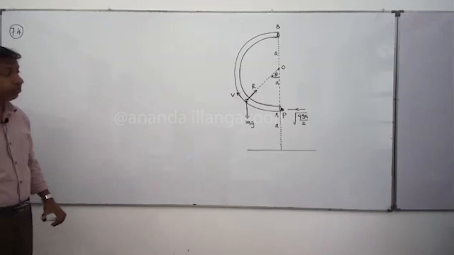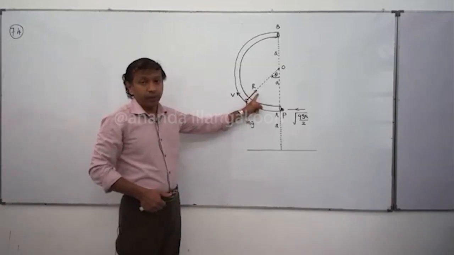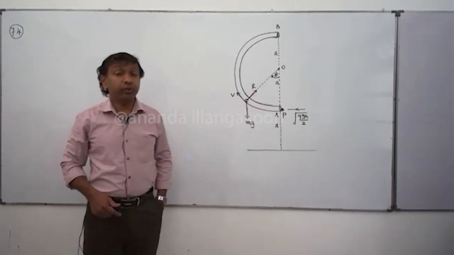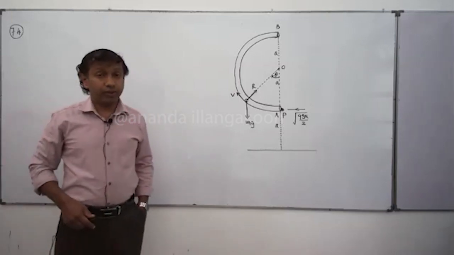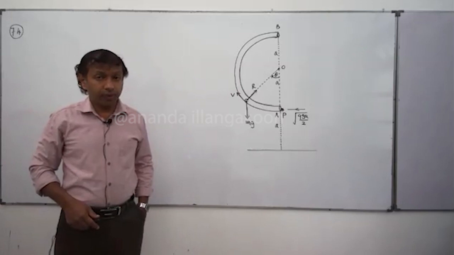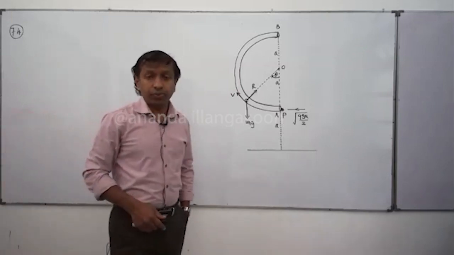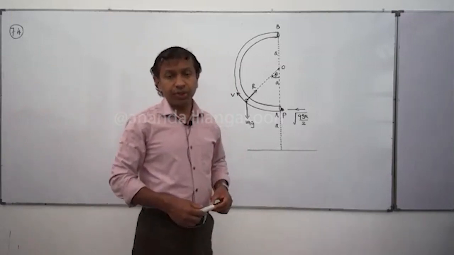Now we have to find this velocity and the normal reaction. How to find them? We have to apply conservation of mechanical energy. To apply the conservation of mechanical energy, we should have a potential energy zero level. Any level we can consider as the potential energy zero level.